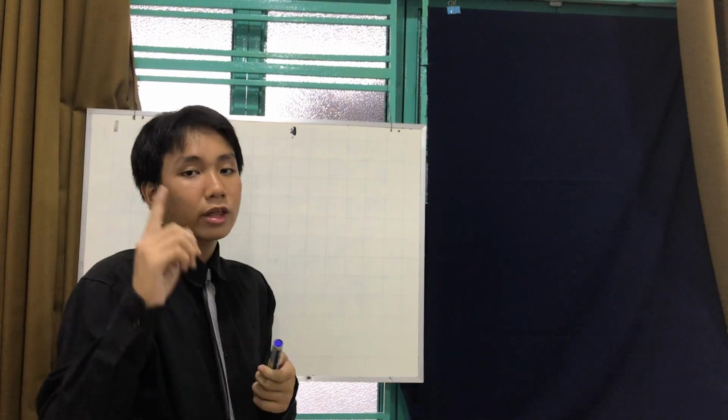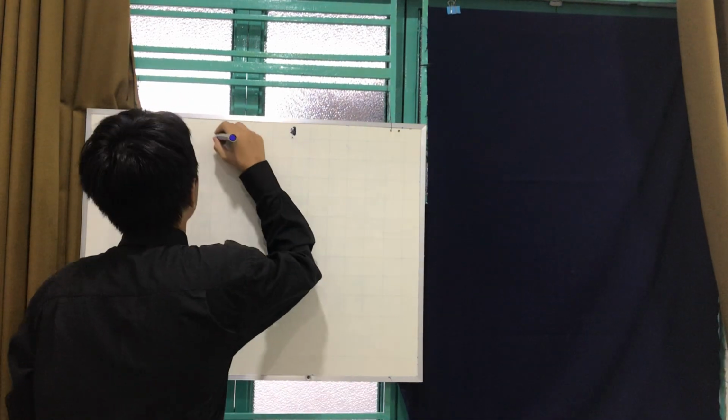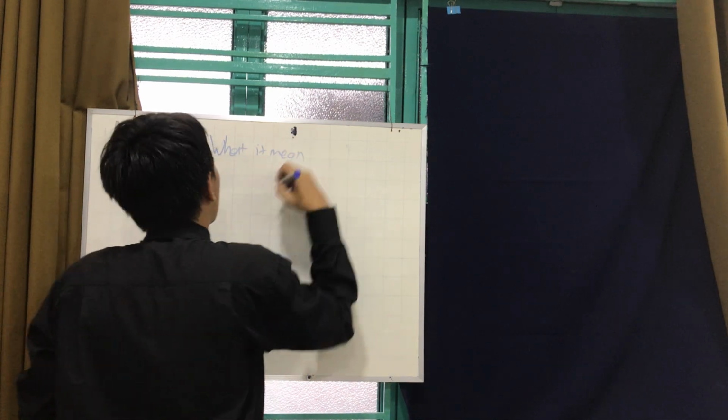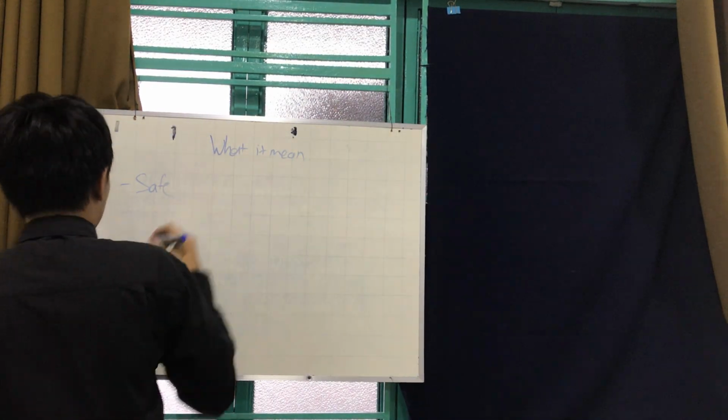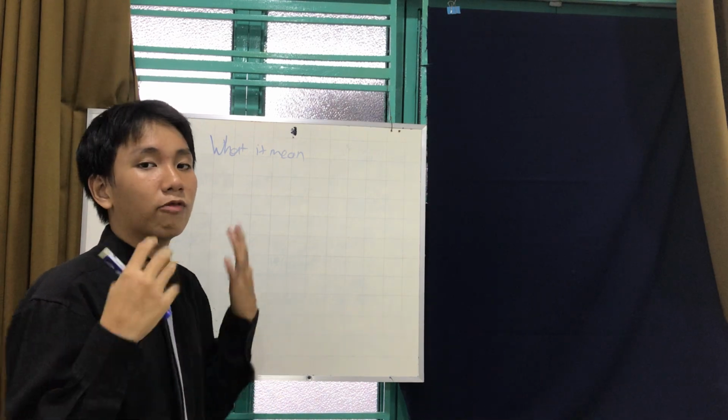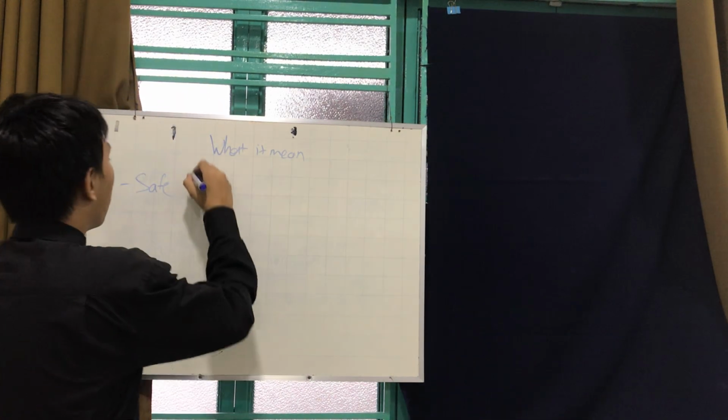However, there's one more thing I want to cover, which is what it means. What does it mean for an automation engineer? What does it mean for me? What does it mean for the user? First of all, safe. Safe in this term doesn't mean safe from violence or things like that. Safe from errors.